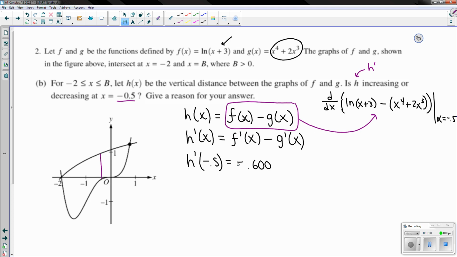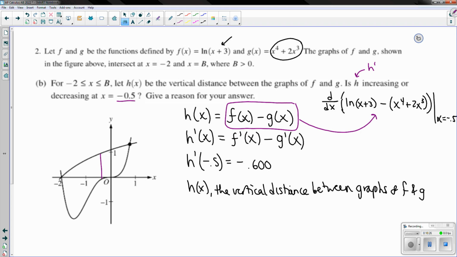So the original question is, well, is it increasing or decreasing at that point? We now know that h of x, the vertical distance between the graphs of f and g, is decreasing.